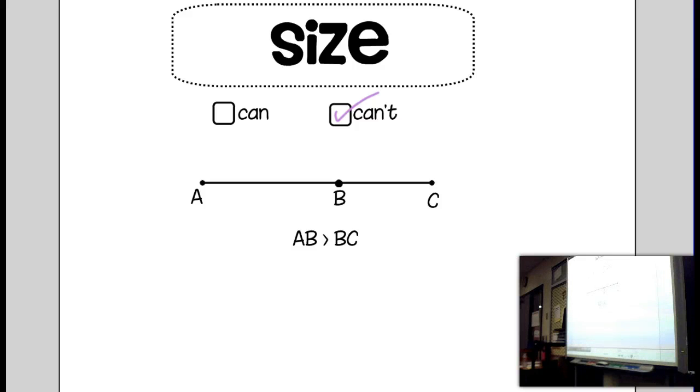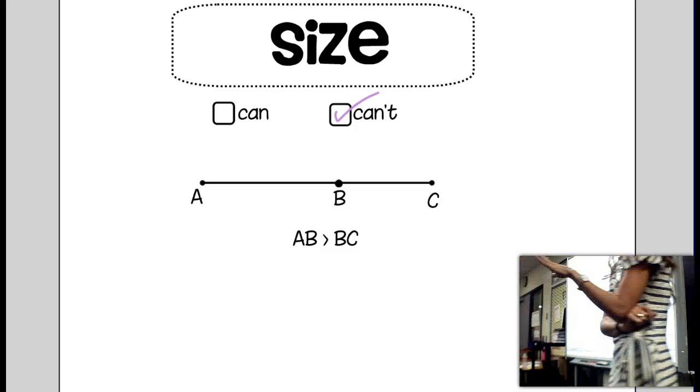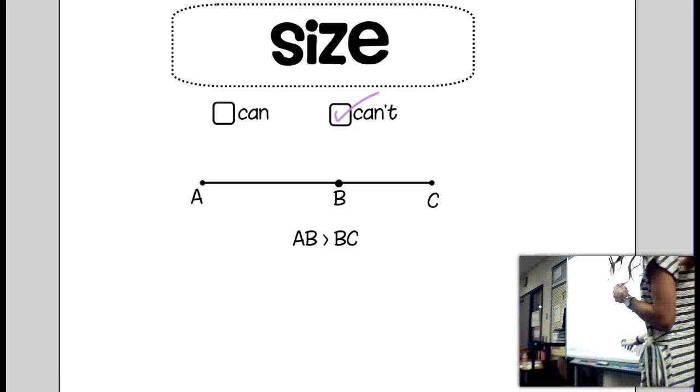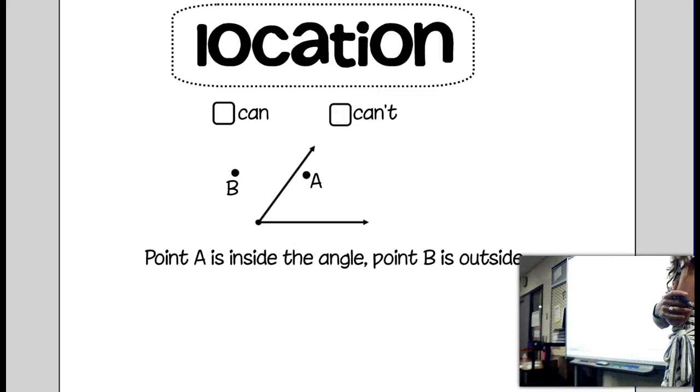Which column is filled in more? Can't. So notice, if you're ever having to guess, should I assume or not assume? Which odds would be in your favor? The odds are in your favor to not assume. We're still going.